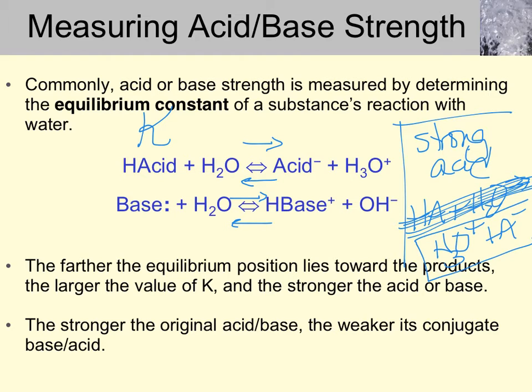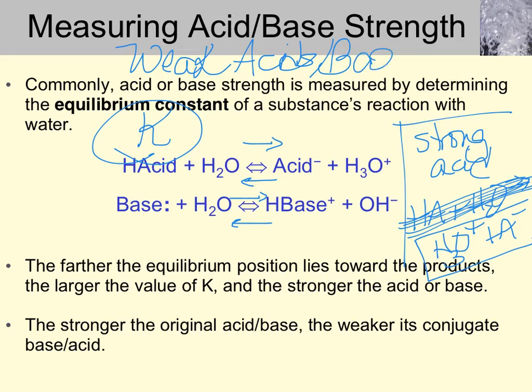So we're only going to talk about equilibrium constants with weak acids and bases. So I should have put a subtitle up here: weak acids and bases. They're the only ones that have an equilibrium constant value. So what magnitude of K means a strong acid?